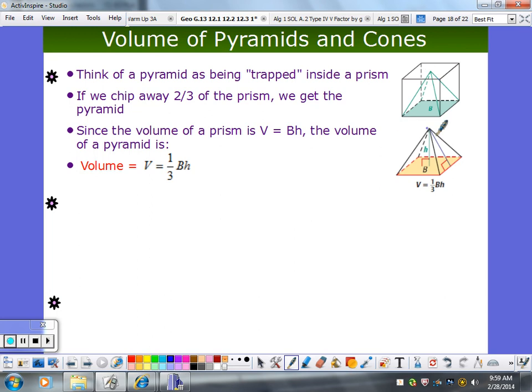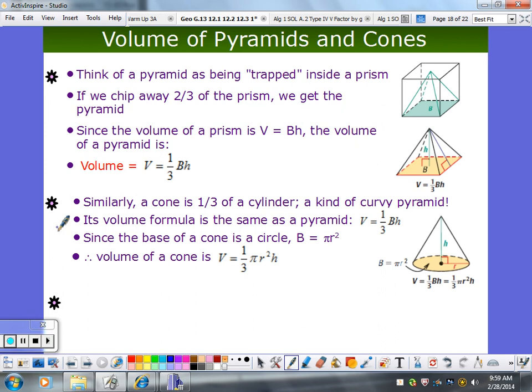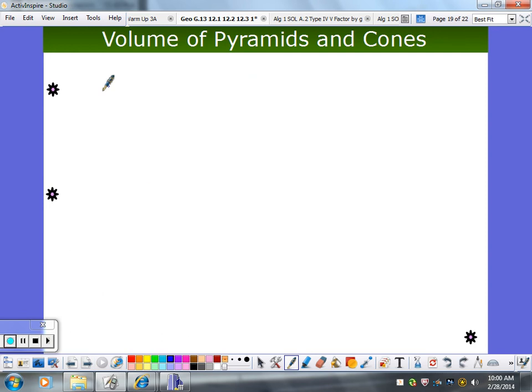So it's BH, but I want 1/3. So 1/3 area of the base times height. A cone is the same idea. It's like you had a big giant cylinder around it, and I chipped away 2/3 of that cylinder. Only 1/3 of it is left. 1/3 pi r squared h. Same thing with oblique. The same formulas will work if it's tilty.